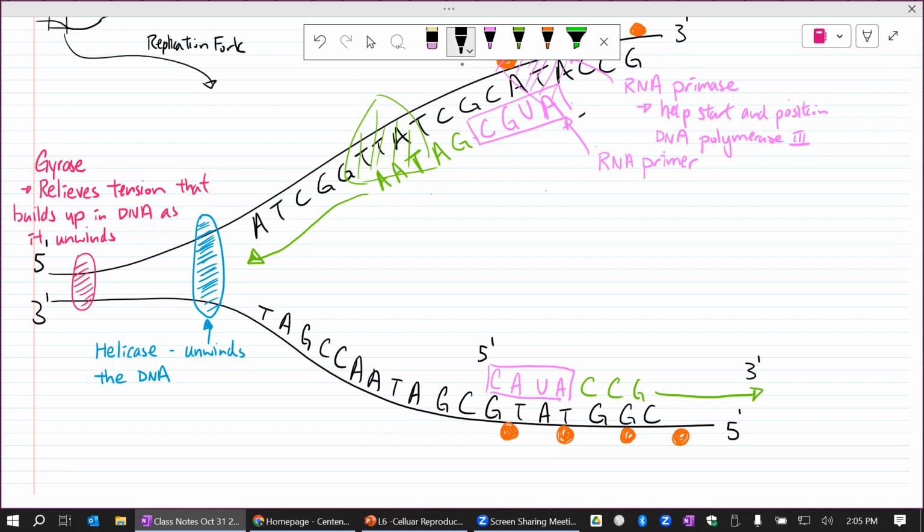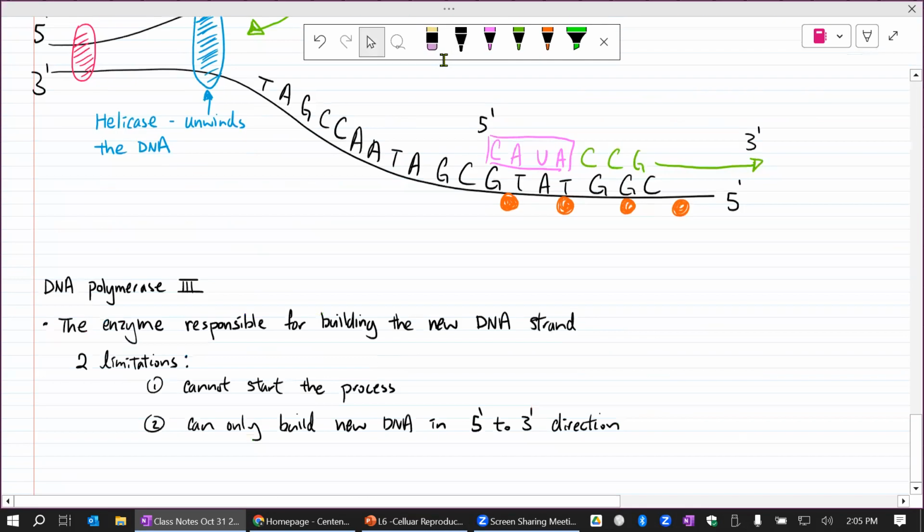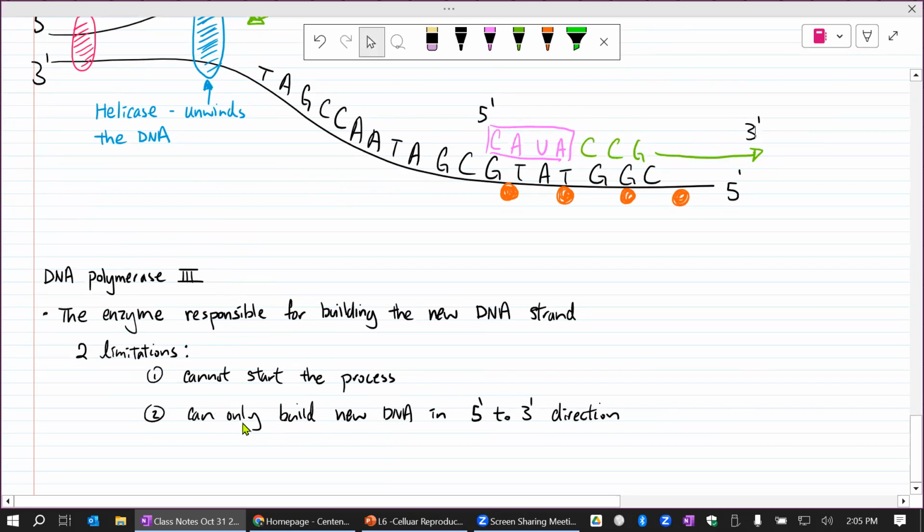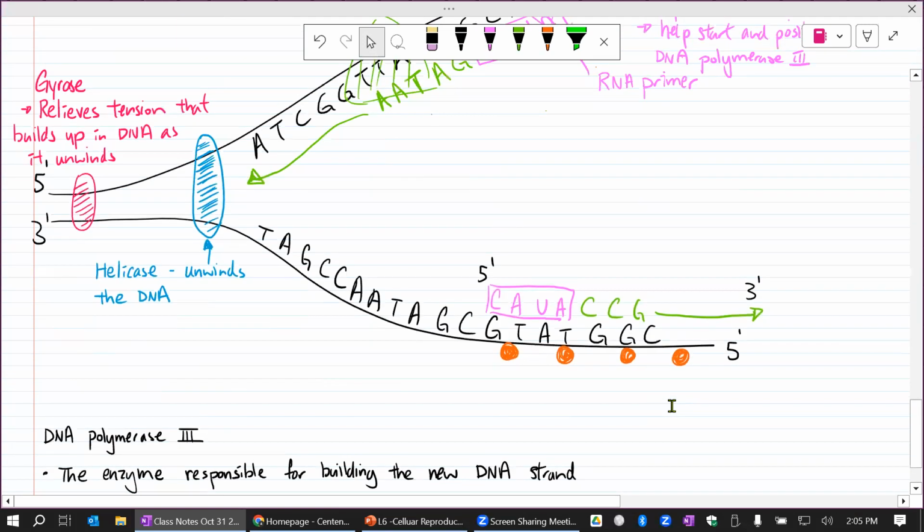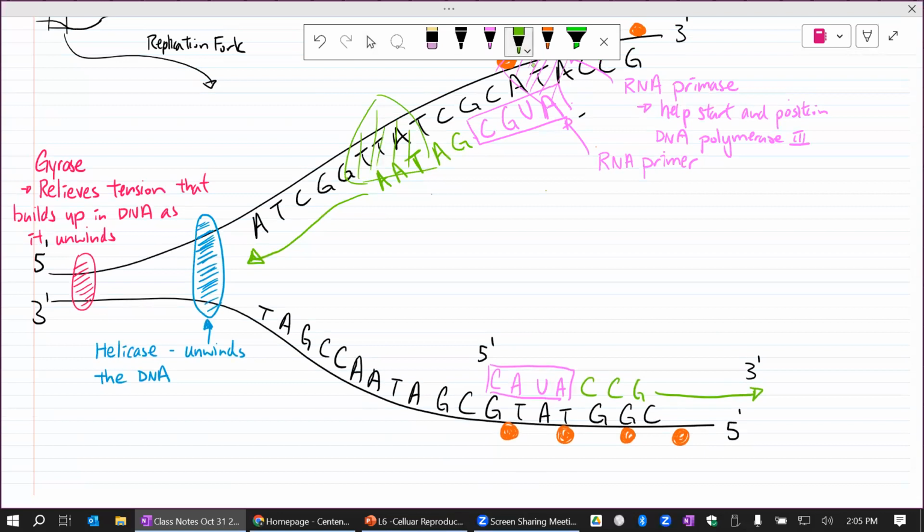Now, I don't know if you notice, but like I was telling you, the second problem is that the DNA polymerase 3 can only build in 5' to 3' direction, right? So in other words, if I draw my polymerase 3 here, okay, this guy is the DNA polymerase 3. It's not able to go backwards. So how are we going to copy all this new DNA?